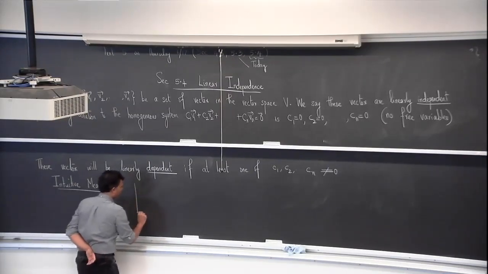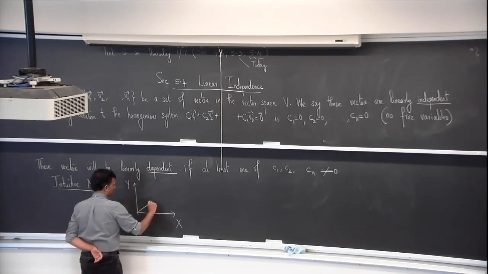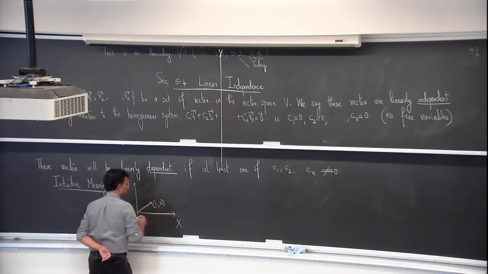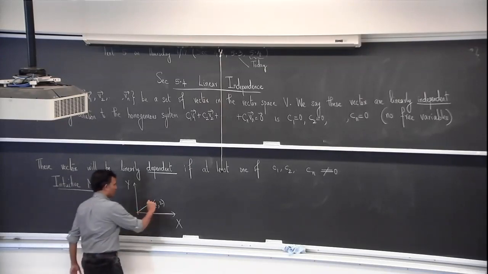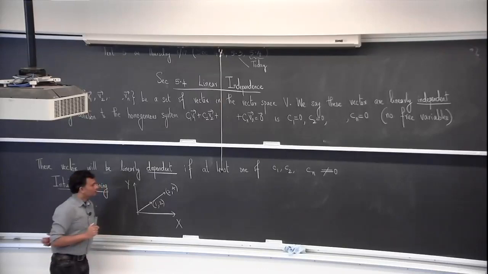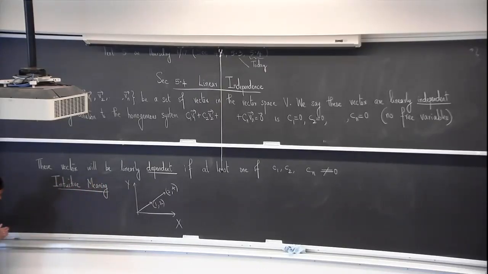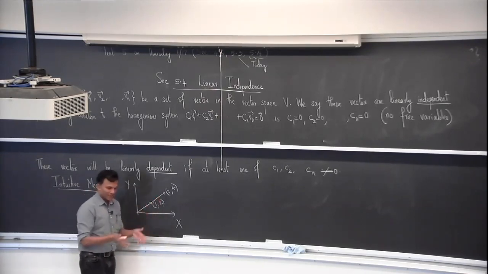If you take your R2 xy plane, just take the vector (1, 2). You don't have to be very creative with that one. It just goes from the origin to the point (1, 2), in the first quadrant. And if you take the vector (2, 4), it just lies along the same line. All you have done is, instead of going (1, 2), you have traveled twice the distance.